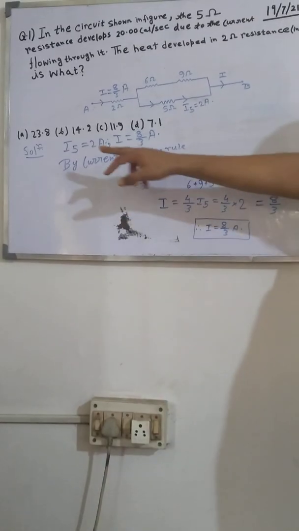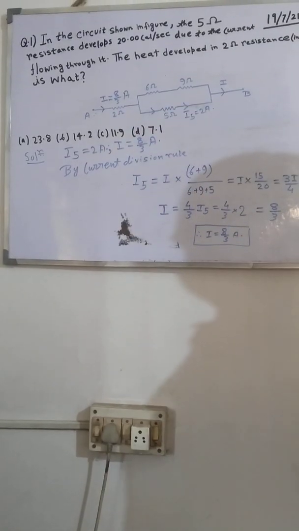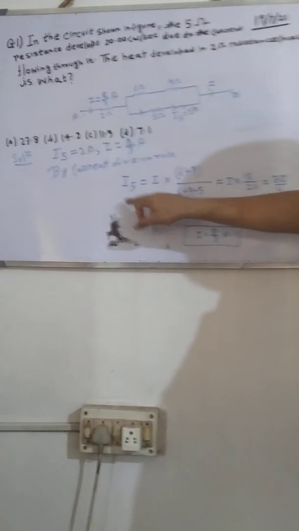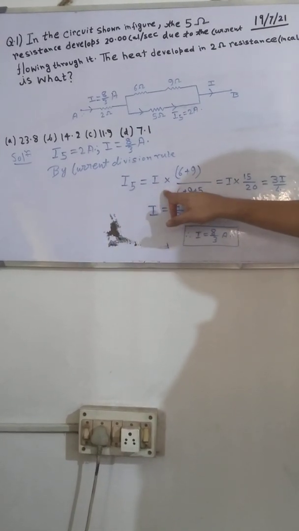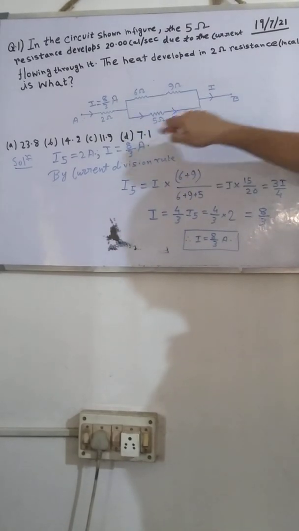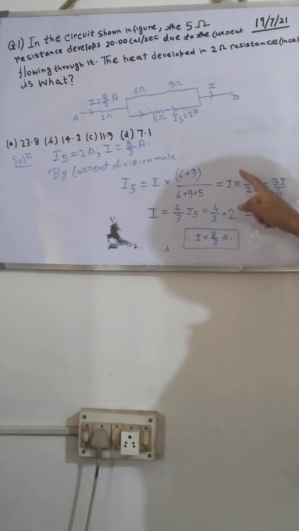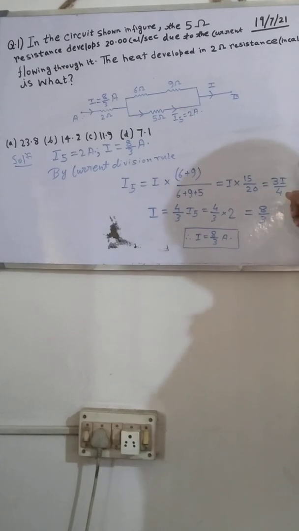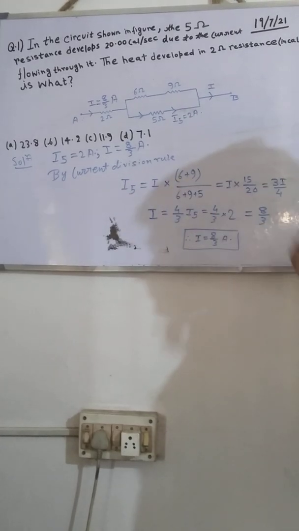So I think this is clear. I have demonstrated the whole stuff. I have used the current division rule, and I5 is equals to this main current into the next path resistance by sum of total resistance, all these three resistances, that is I into 15 by 20. So it is 3I by 4, and from here I is equals to 4 by 3 I5.